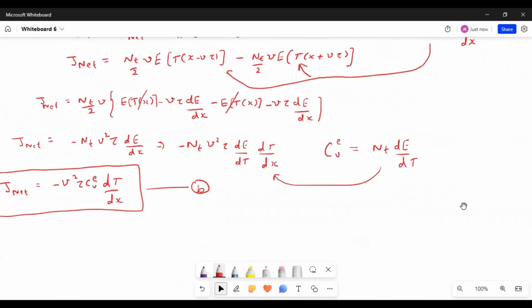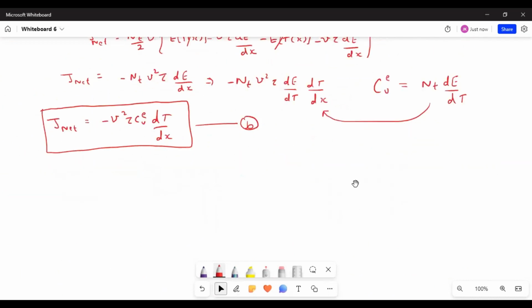Where the value of thermal conductivity, if we compare from A and B, we get K equal to V square tau C_V, right? But this is the case for 1D.